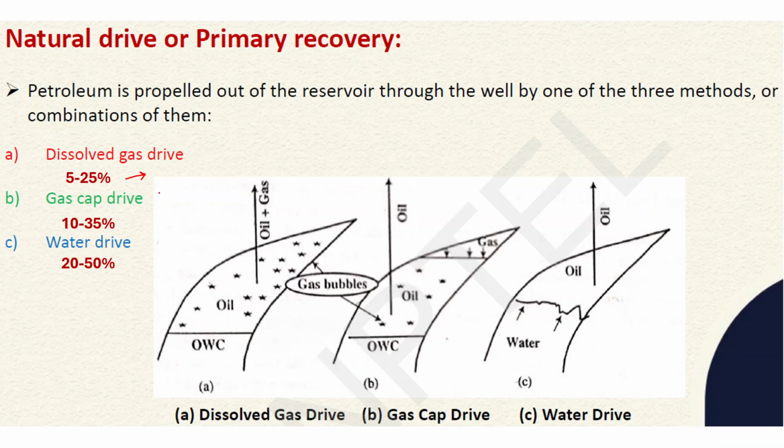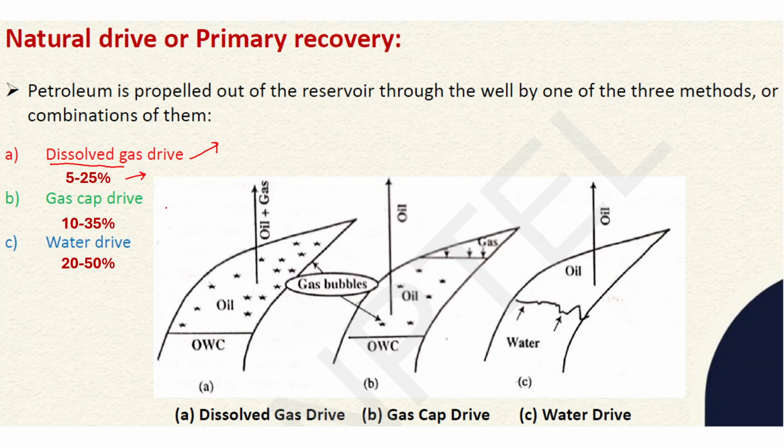which is basically when the pressure lowers down, and now the pressure of our reservoir and the well is almost similar. The dissolved gas, a very small amount of gas which is under pressure and dissolved in the oil, gets released as soon as the pressure is lowered by digging of the well, but still more gas is present inside the oil.